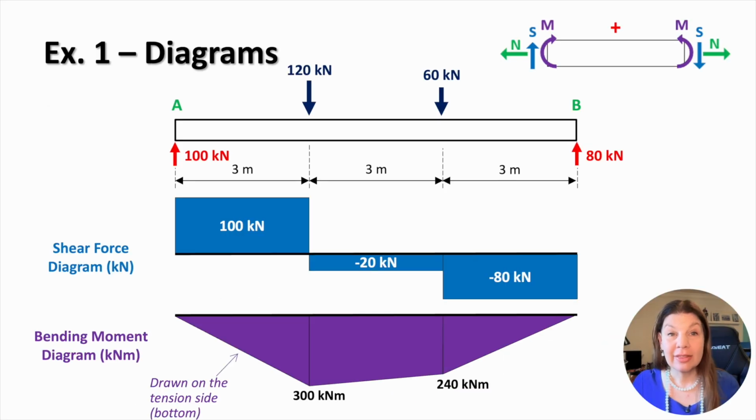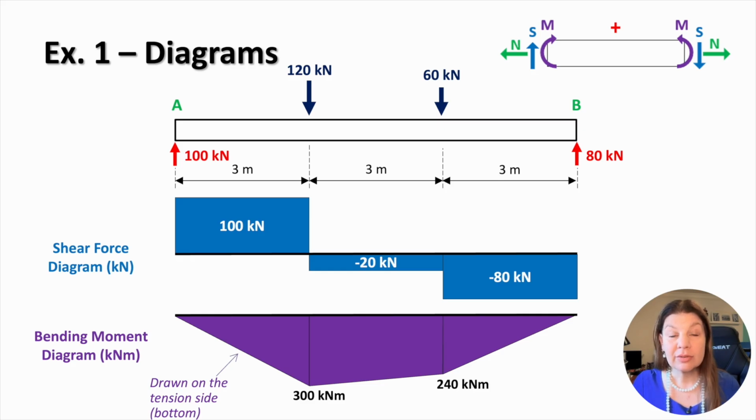We can now bring together the results of the analysis. At the top, we have the shear force diagram, which shows the step changes caused by the reactions and the two concentrated loads. The shear force begins at plus 100 kilonewtons at support A, drops to minus 20 kilonewtons when the 120 kilonewton load occurs, then decreases to minus 80 at the 60 kilonewton load, and finally it returns to 0 at support B. Below that, we have the bending moment diagram, which is drawn on the tension side of the beam.